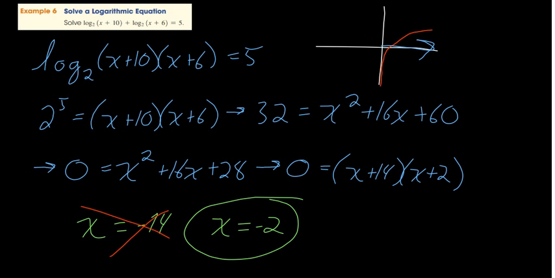If I were to ask you what the domain of that red line is, you would say it looks like it's 0 to infinity, not including zero. So they must be positive. Log of 0 is like dividing by 0. We cannot do that.